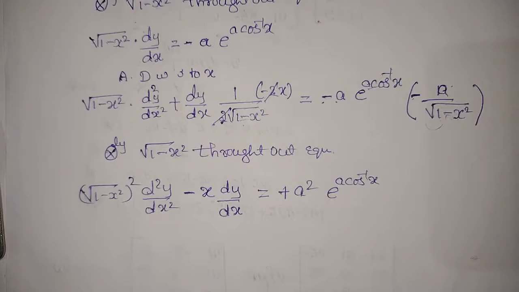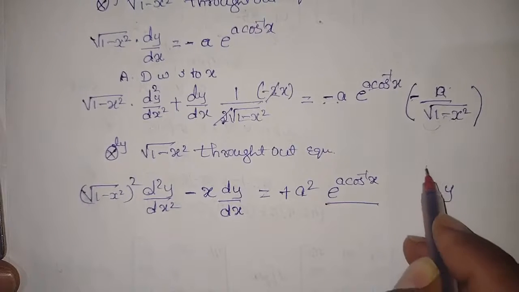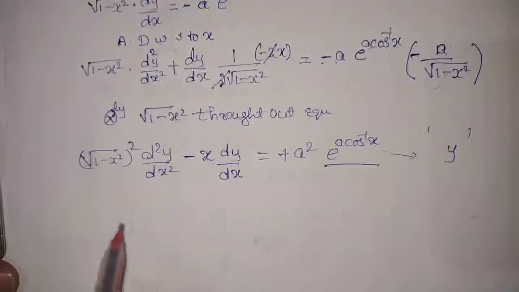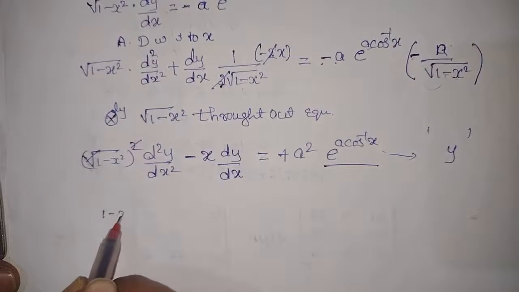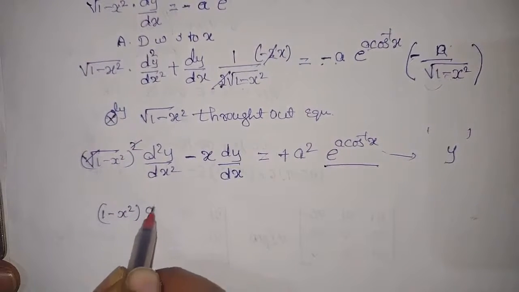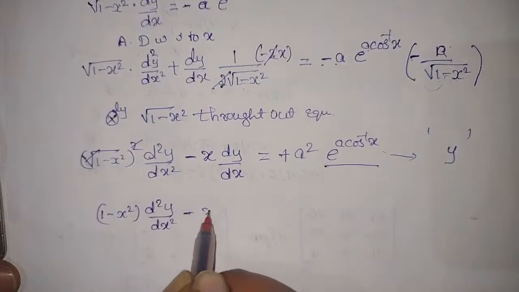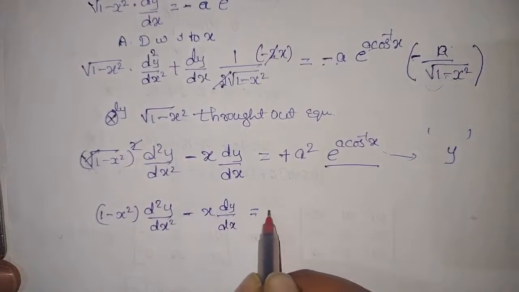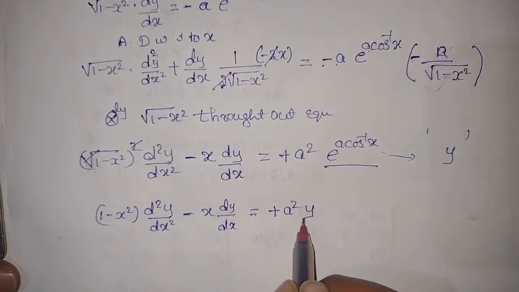E power a cos inverse of x means nothing but y, is it right? This is nothing but y. So here the square root and square get cancelled. We will get 1 minus x square into d square y by dx square minus x into dy by dx is equal to plus a square, where e power a cos inverse of x means y.